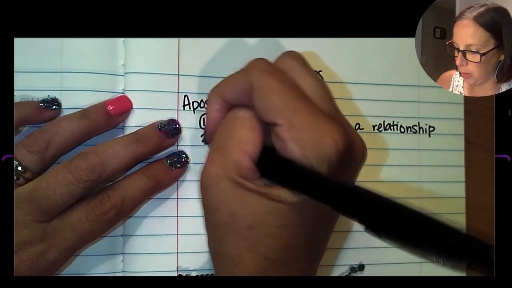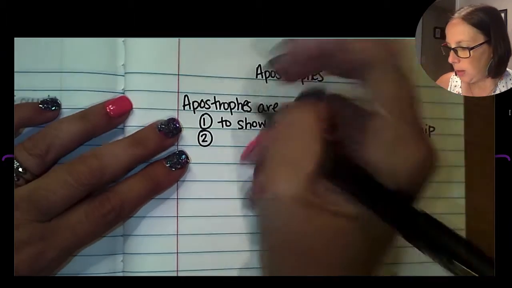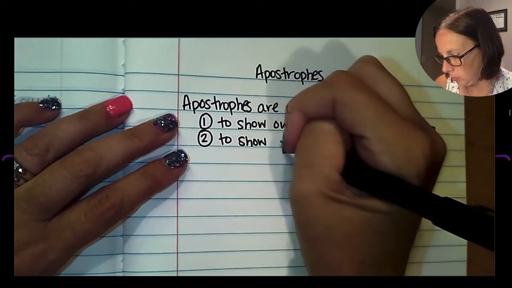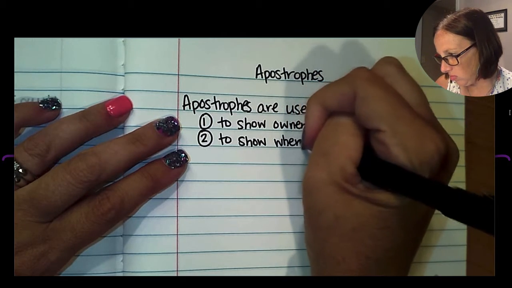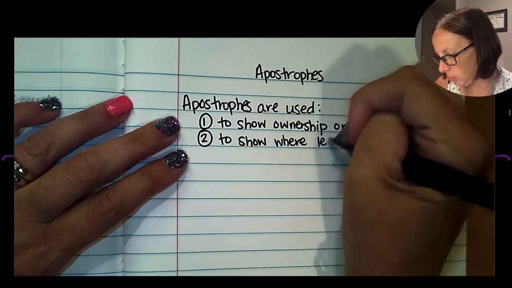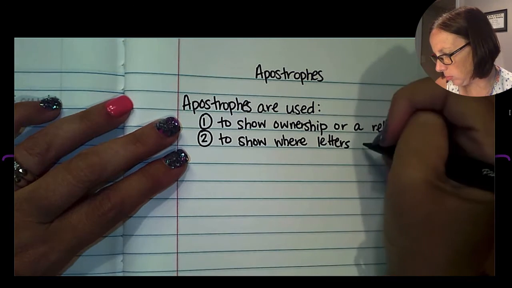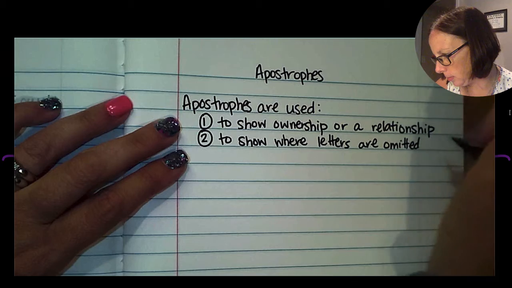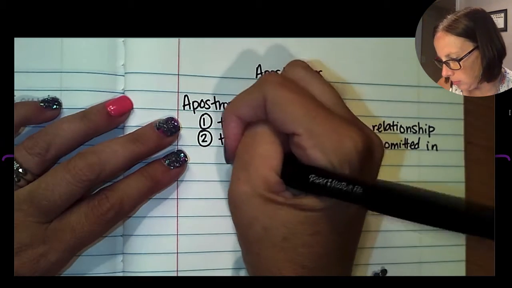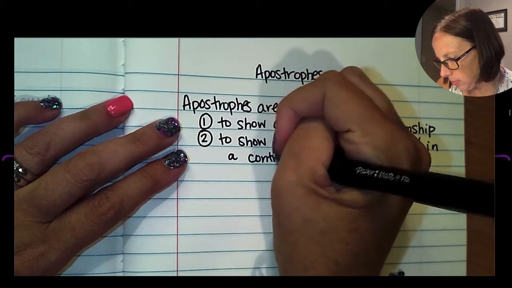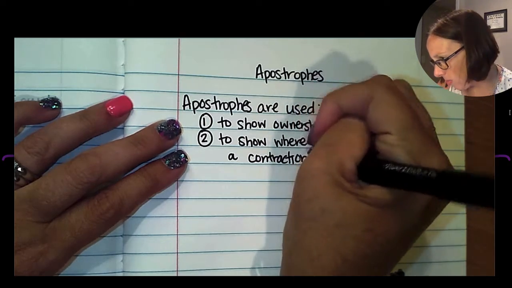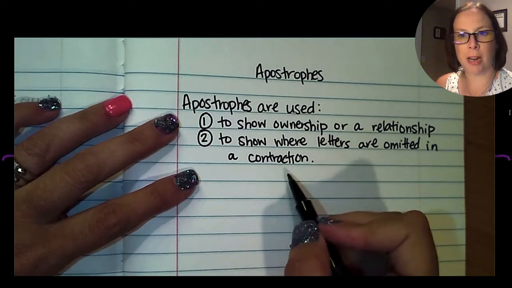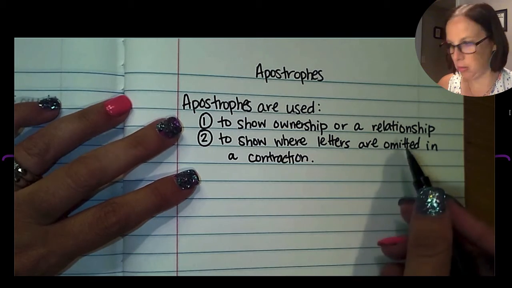The second one, okay, so the other way is to show where letters are omitted in a contraction. Omitted means taken out, okay?